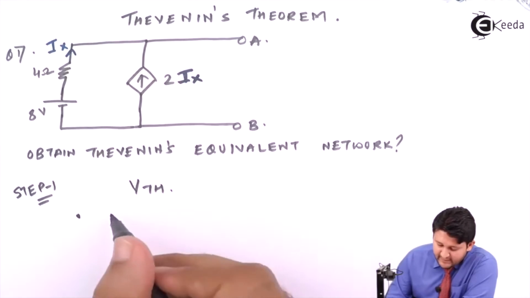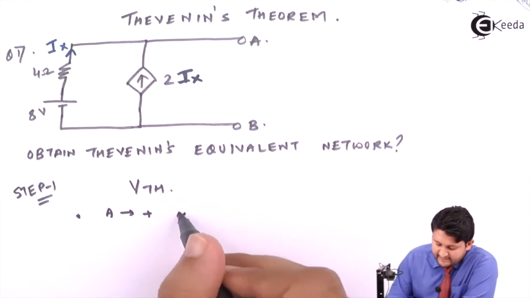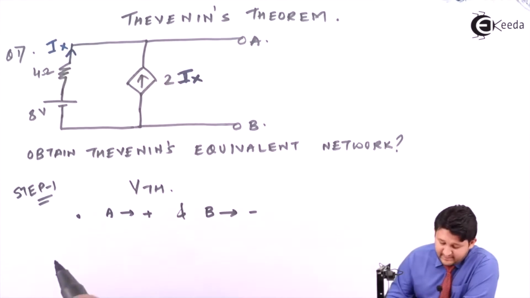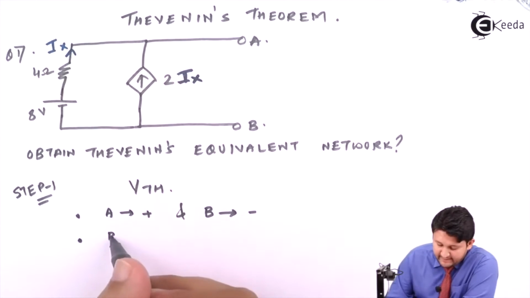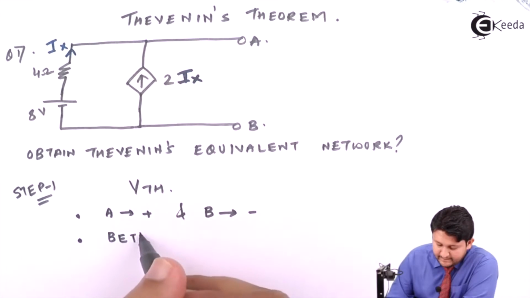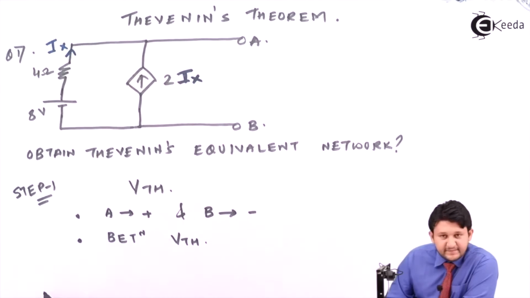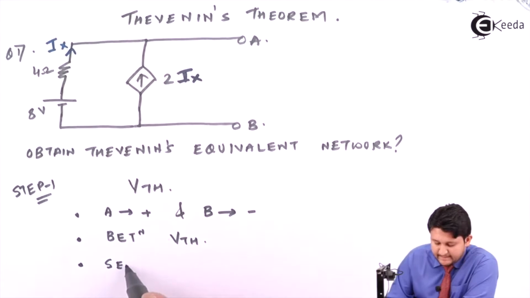So first point, A as positive and B as negative. Second point, between A and B, write VTH. Third point, select the path.